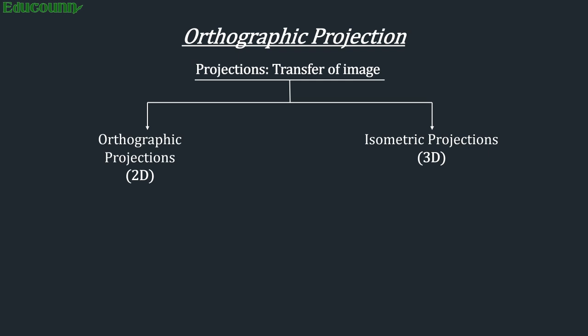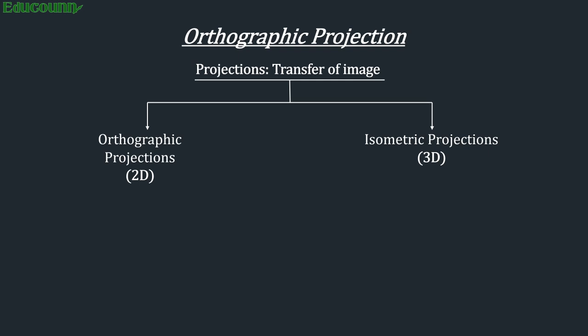In orthographic projection, a 3D object is given to you as a question and you have to obtain the two-dimensional views out of that. But while attempting an example of isometric projection, 2D views are given as a question and you have to draw a real 3D object from the information given in the form of 2D views.